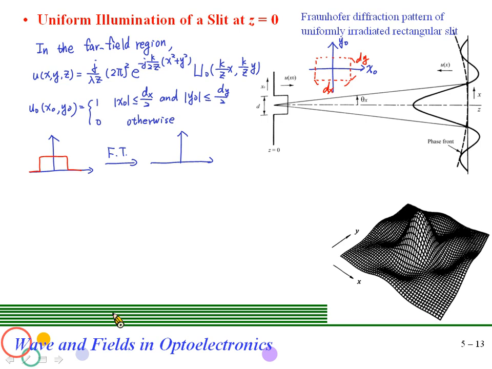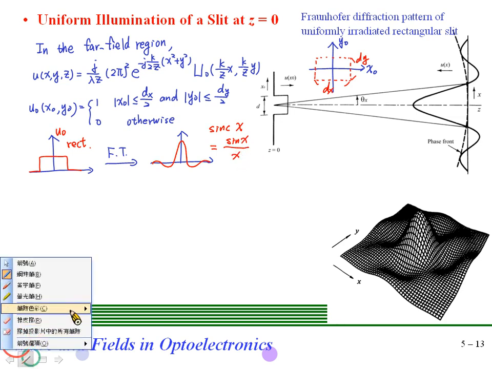We have learned that the Fourier transform of this rectangular function will be the sinc function. So for u0, it is a rectangular function, and the Fourier transform will be a sinc function. And the sinc function is defined as sine x over x.